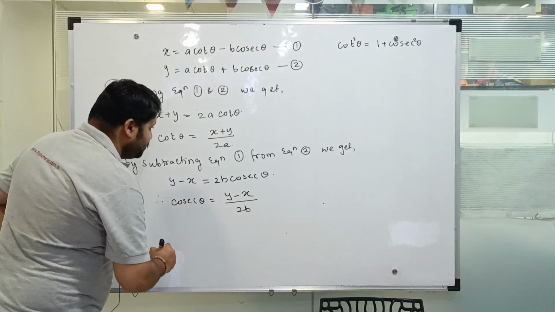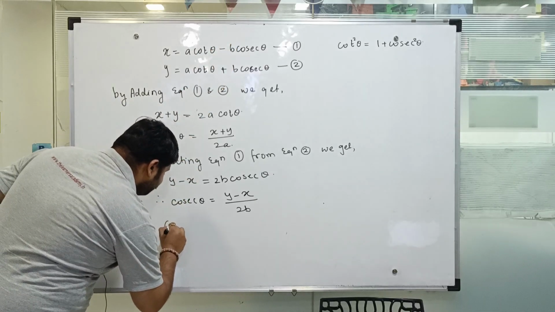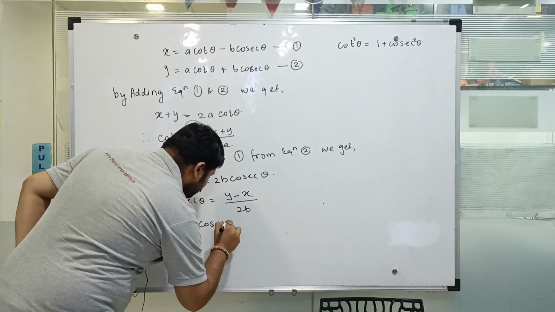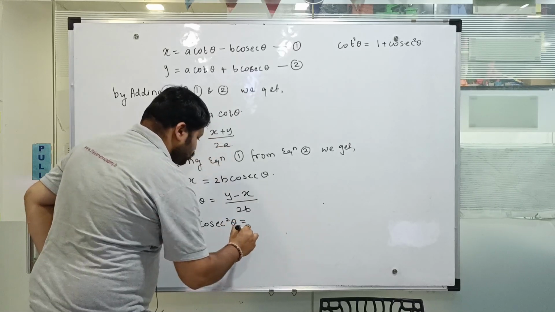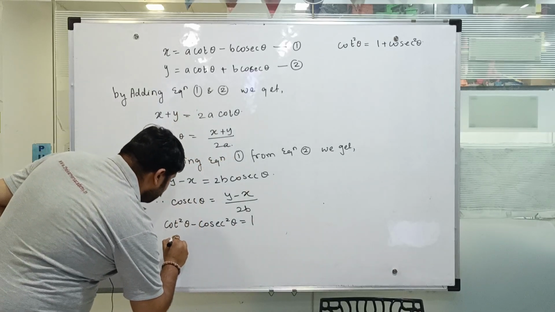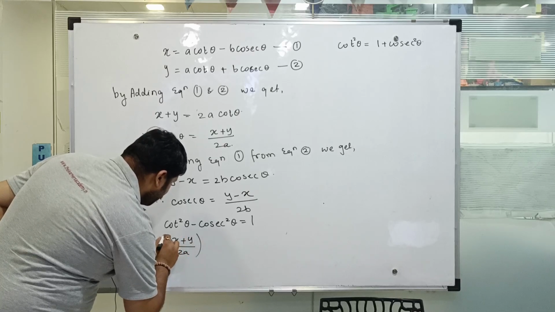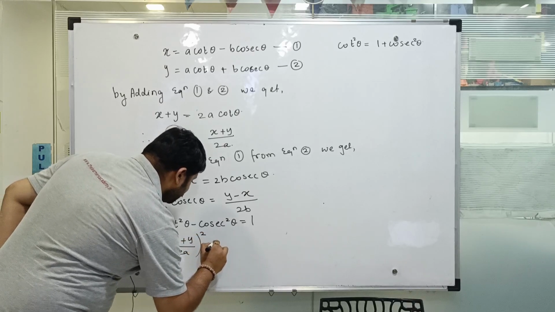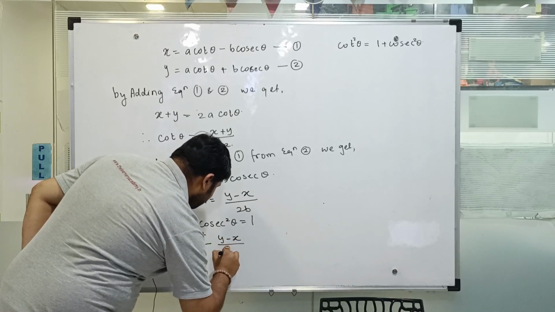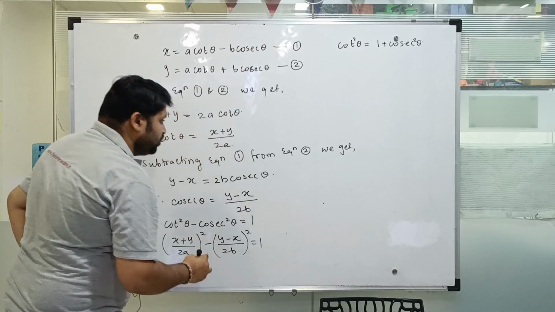From that identity I can say cot square theta minus cosec square theta is equal to 1. So I can get (x plus y by 2a) square minus (y minus x by 2b) square is equal to 1.